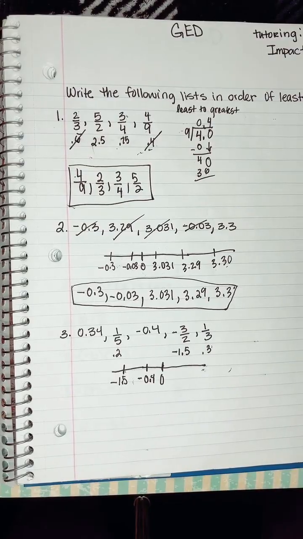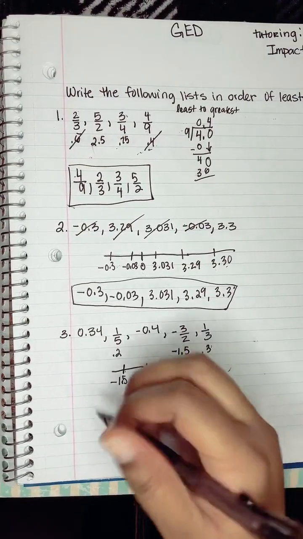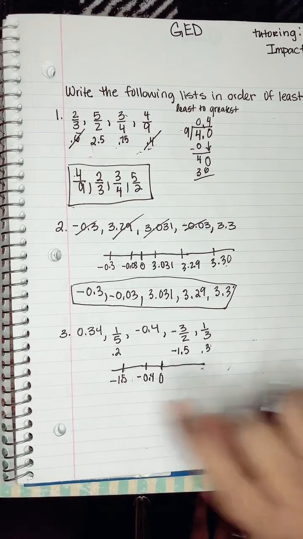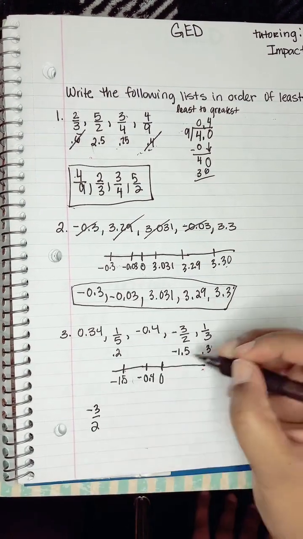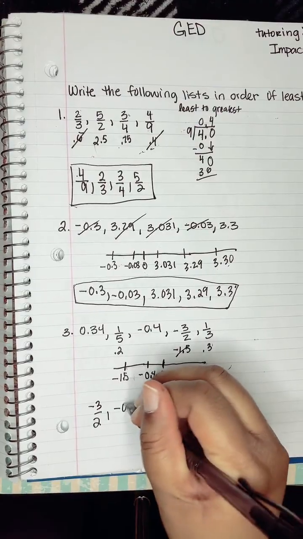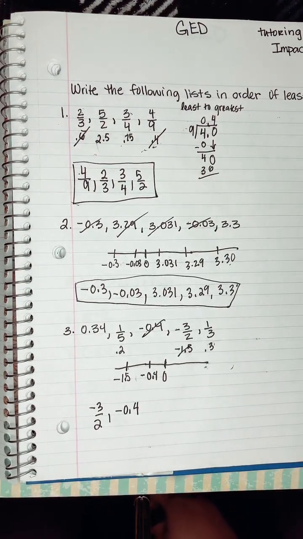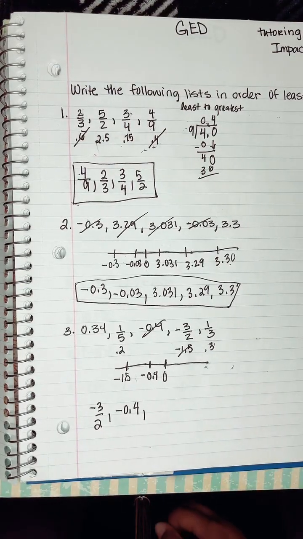Do you see it now? For those who are saying this one, does that make more sense? So really, the farthest away from 0, this is the least. So -1.5, then we go to -0.4.